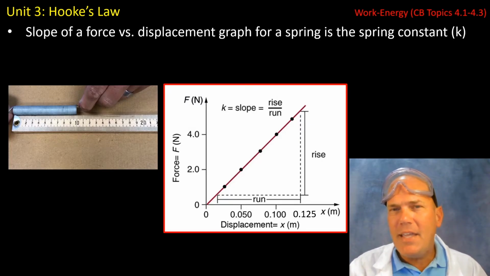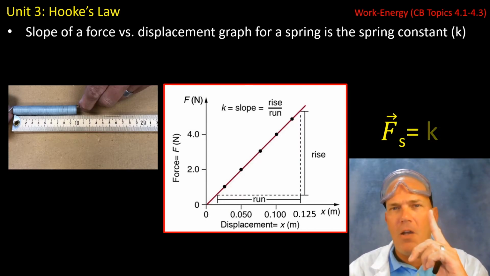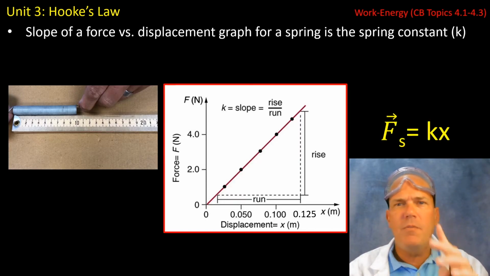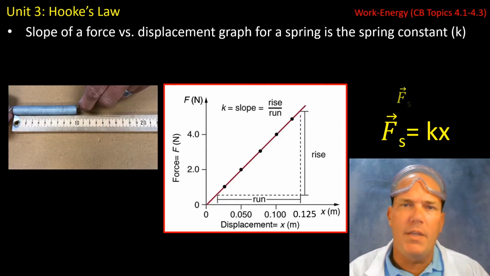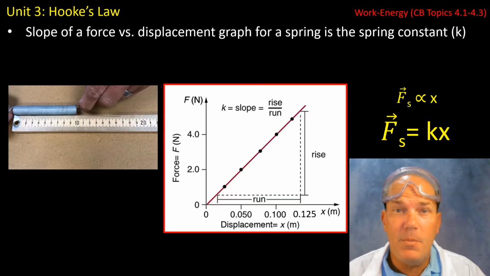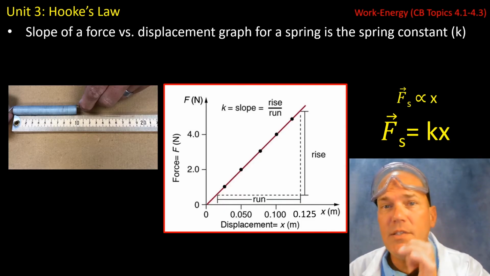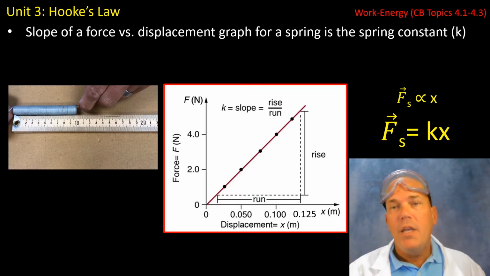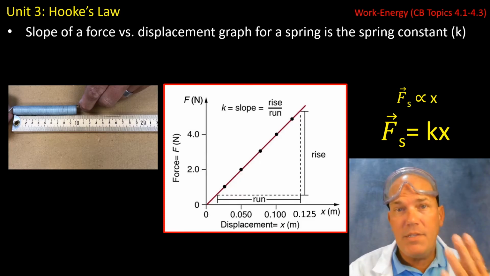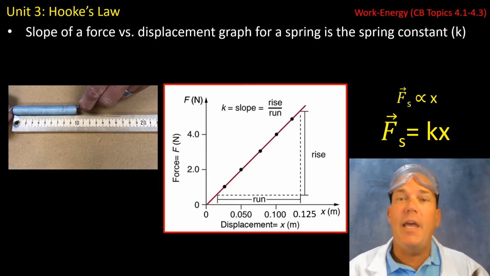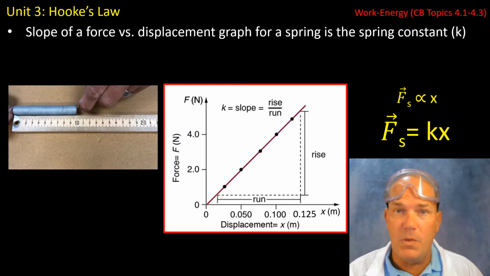Let's look again at the equation for Hooke's law, and let's talk about some of our proportionalities here. So the force of a spring is directly proportional to the displacement of the spring. In other words, if I wanted to double the restoring force, I could simply double the displacement of the spring, and that would result in 2 times the force.